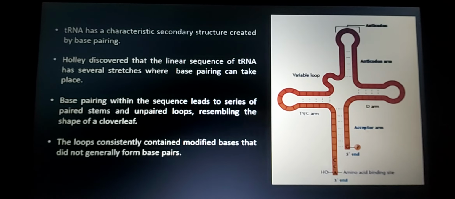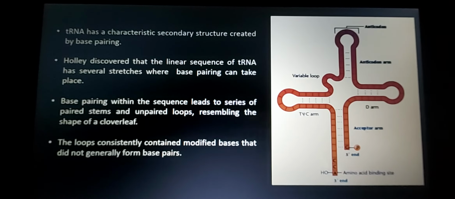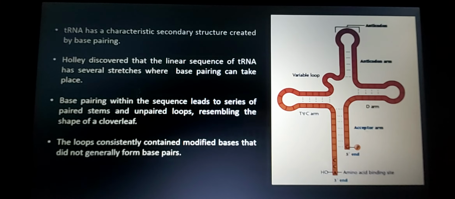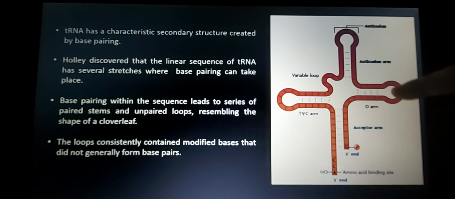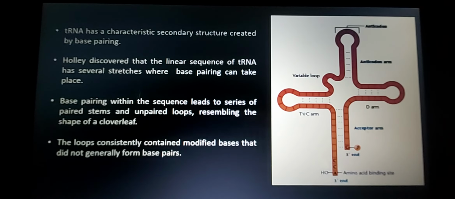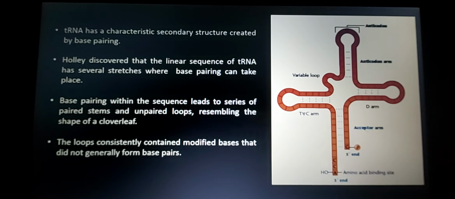It rather gets folded into a structure with base-paired stems and unpaired loops. And usually the loops, which do not base pair, have the modified bases. Because they cannot base pair with the usual bases, these regions within the tRNA remain unpaired.